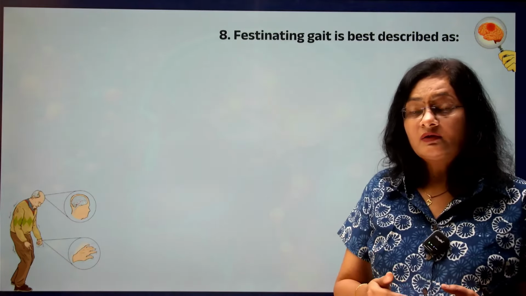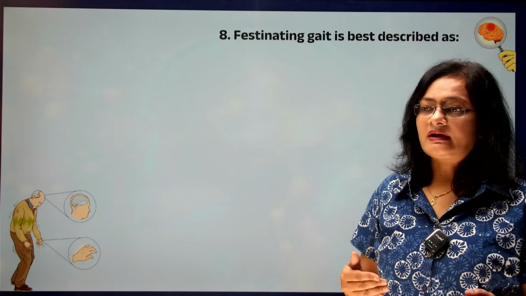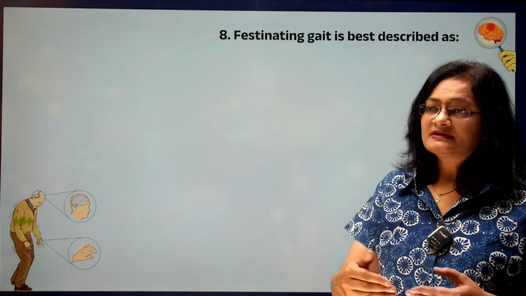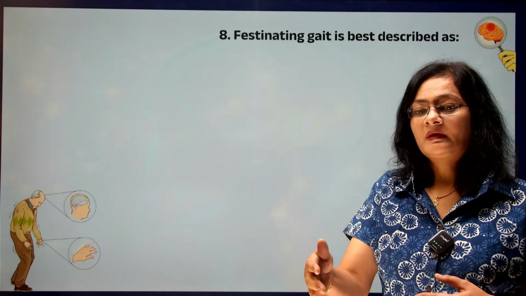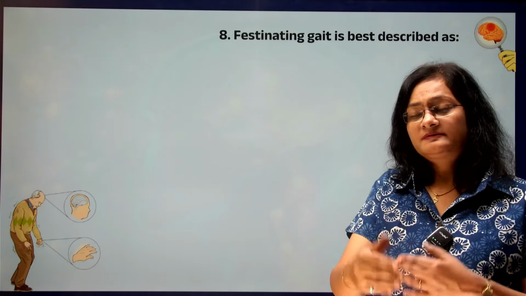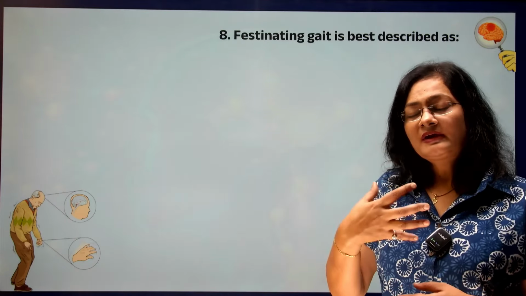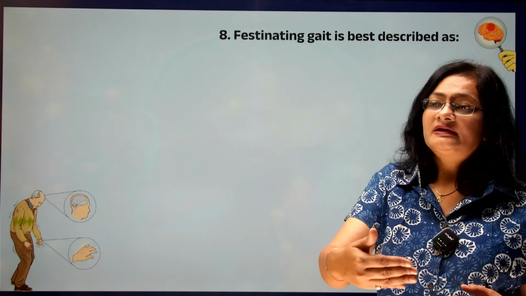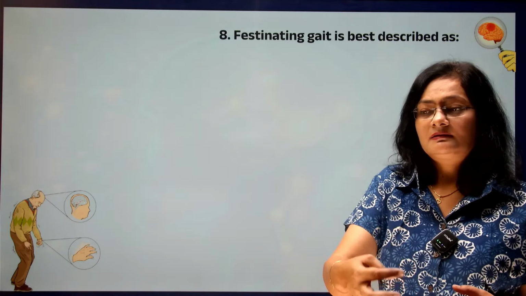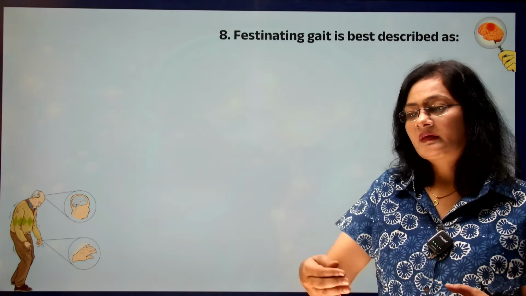Then it may have retropulsive or propulsive characteristic. What is propulsive characteristic? That is a forward accelerating characteristic. After walking a few steps, you will feel that the patient is trying to run. That is known as propulsive gait.